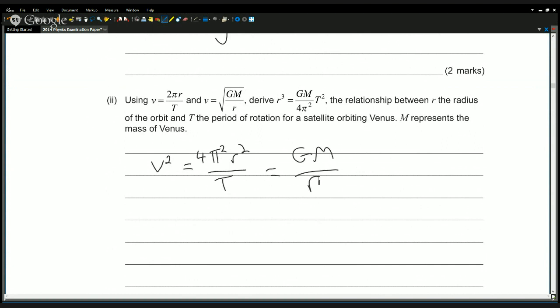Rearranging this, times that across, 4 pi squared r cubed equals T squared GM. Sorry, I forgot the square there. Now rearranging this finally, R cubed equals T squared GM on 4 pi squared. There you go.